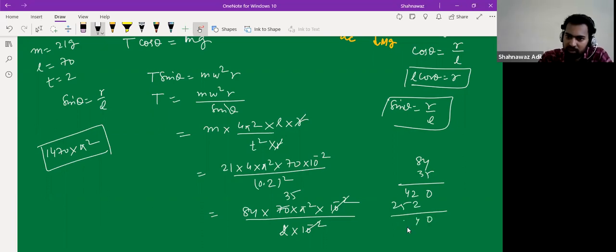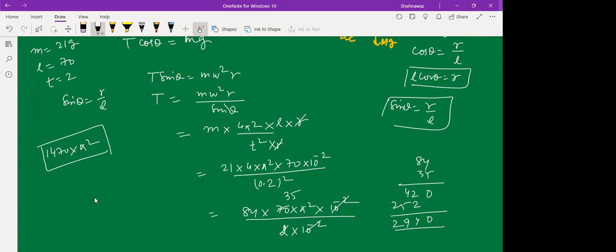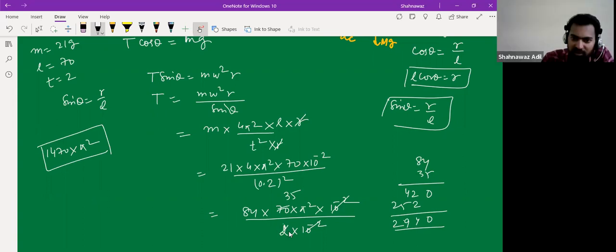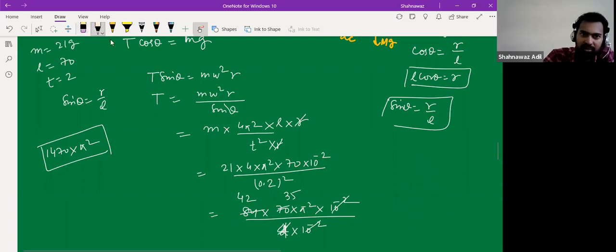I'm not getting it. Sir, with square too. Oh, yes. So there is 4, and this is 2, so this is 4, 2, right? So this is 42, 35, 70.